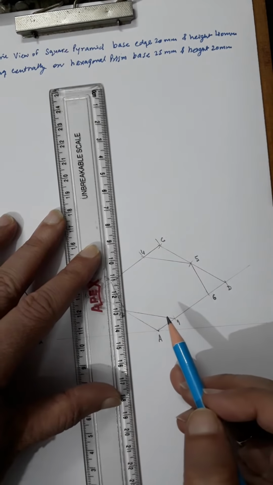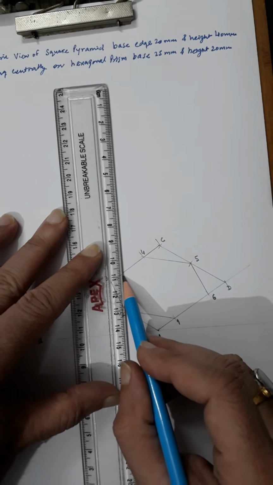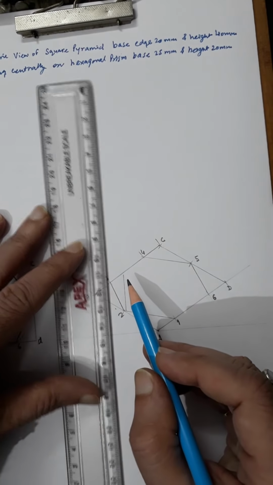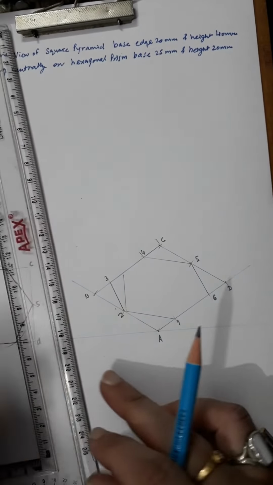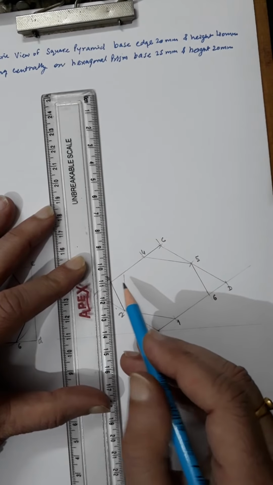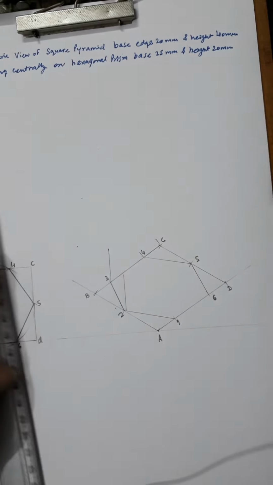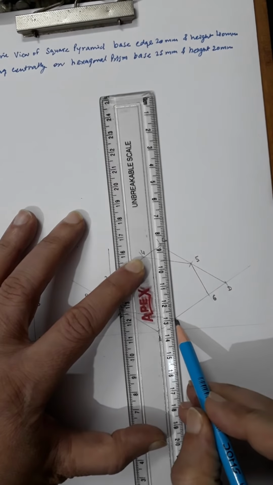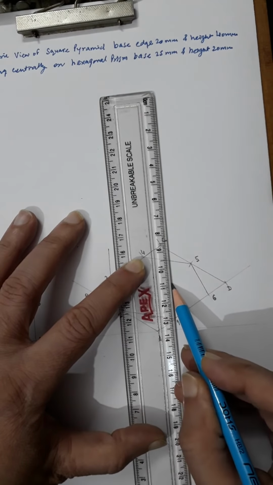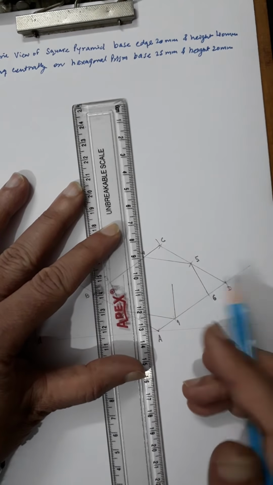So you need to draw the vertical edges 20 mm. You can take it 20 mm throughout, through all the points.